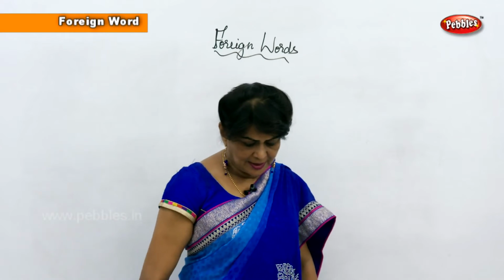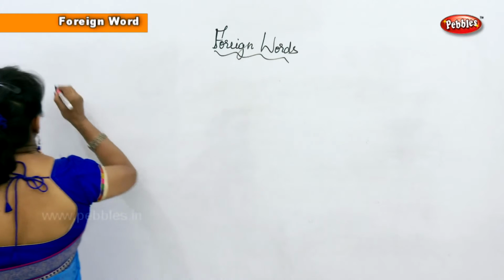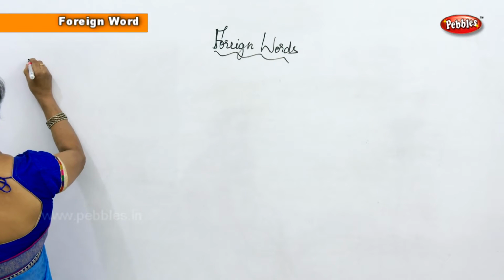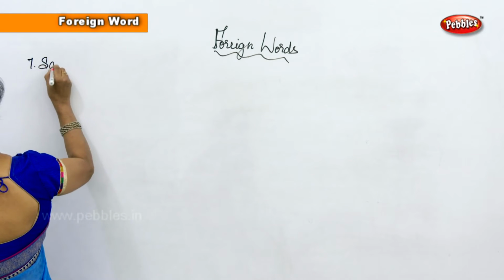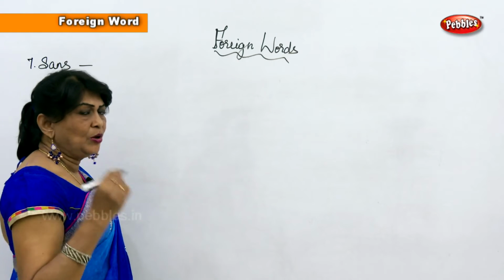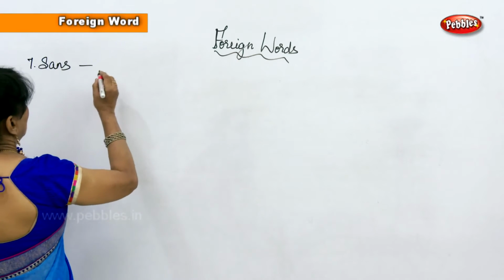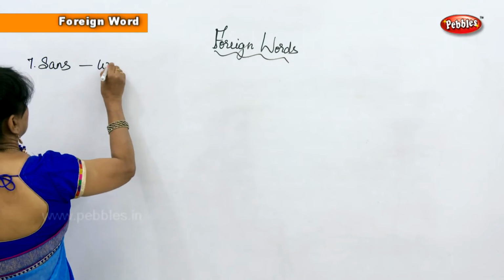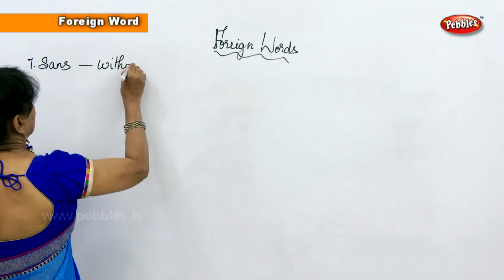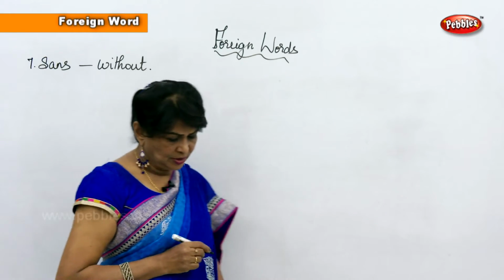The next word is sans, S-A-N-S, sans. This is the 7th one. This is also a French word. A lot of words we have derived from French, and this sans means without. Okay, without.